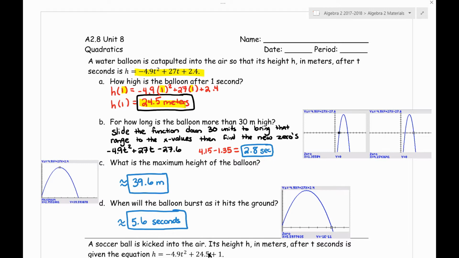And then all I have to do is find the 0 on the left and find the 0 on the right. The range of those 2 zeros is when you subtract them. So if I subtract this approximate time of 4.15 seconds and subtract about 1 second and 35 hundredths, I get about 2.8 seconds. So that balloon's going to be above 30 meters for about 2.8 seconds.